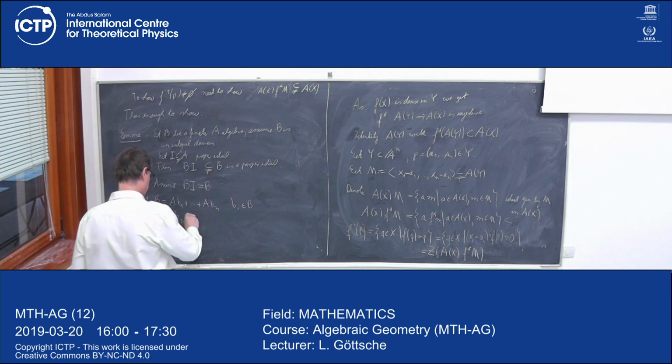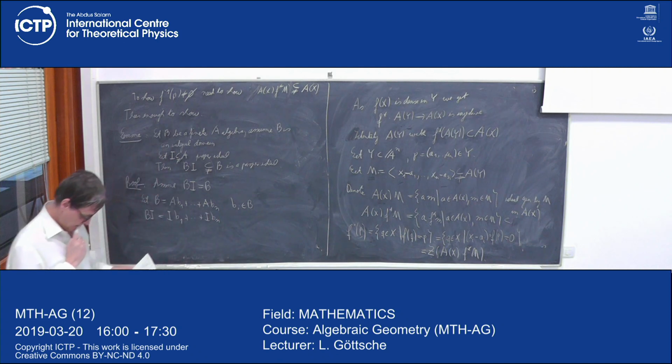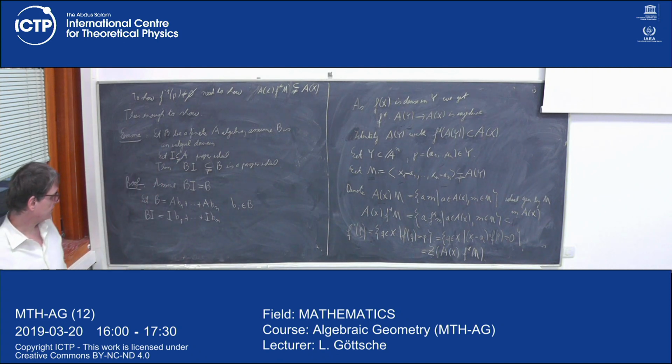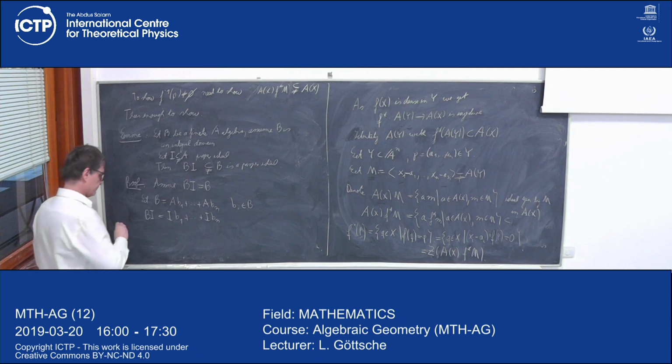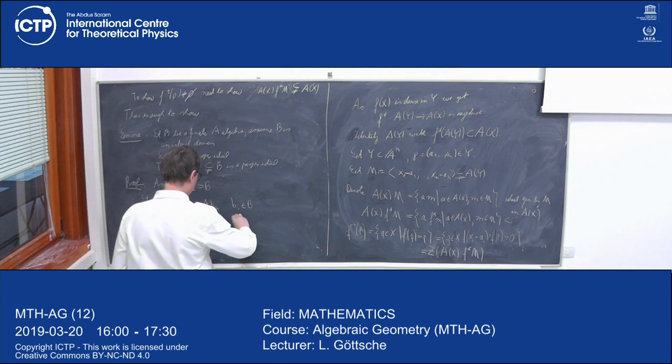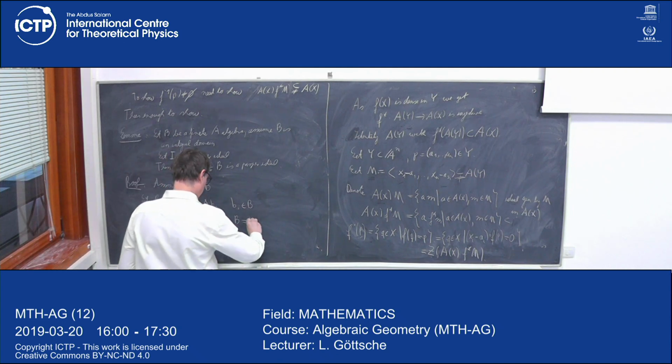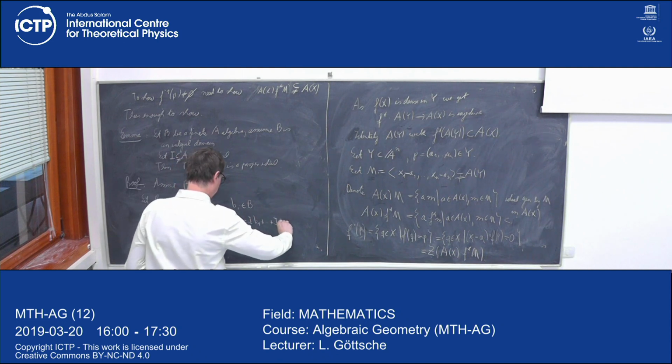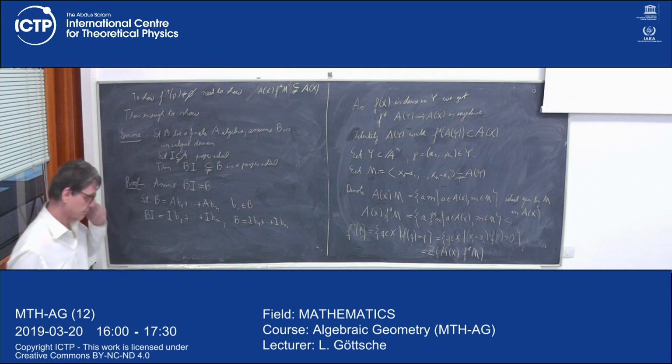So IB1 plus ... plus IBn, and this is equal to B. So we can write B equal to IB1 plus ... plus IBn. So we can write B as a linear combination of elements with coefficients in this ideal, not just in A.